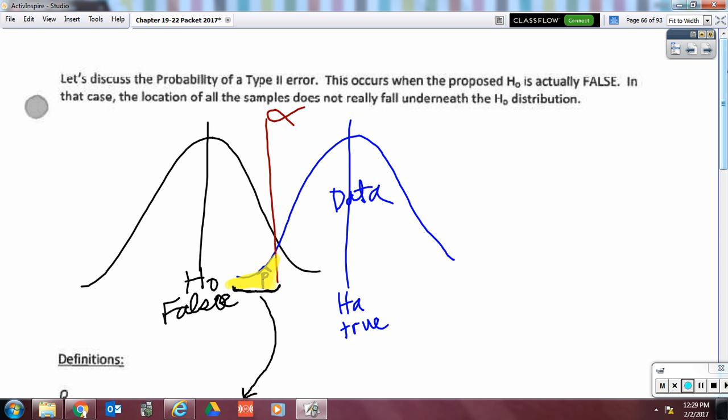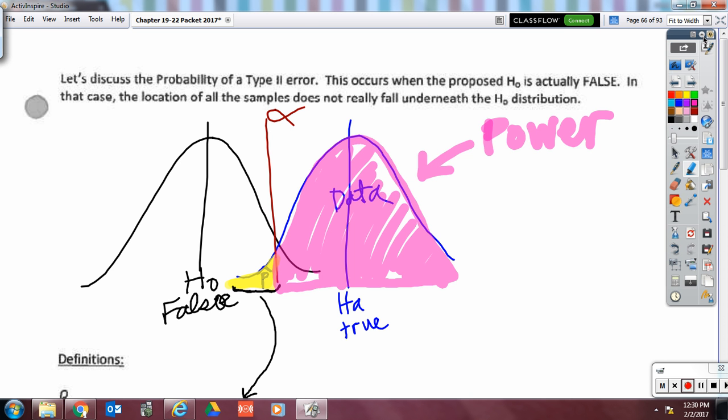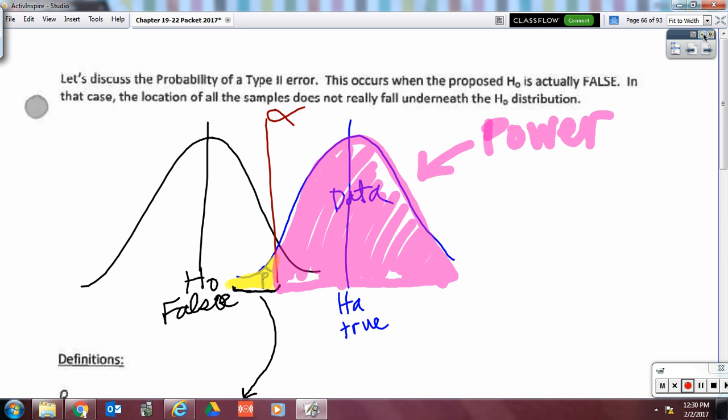Yes, this here. This is power. All of these samples in here lead me to reject the null hypothesis if it is indeed false. So this area is power. Power is that probability to reject the null if it's false indeed.